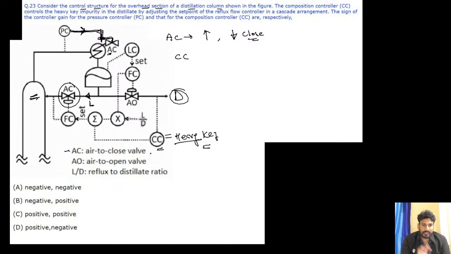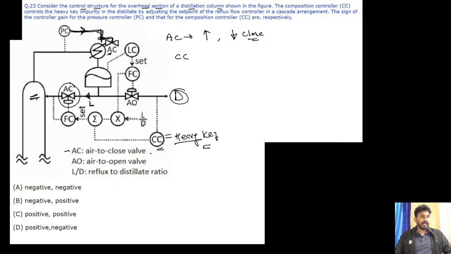This means, tell me guys, if the amount of heavy impurity is increasing, then reflux must be decreasing or increasing? The reflux stream that is going, forget the ratio, the reflux that is going, that should be increasing or decreasing? Tell me. If we are getting heavy impurities in the distillate, then reflux must be high or low.